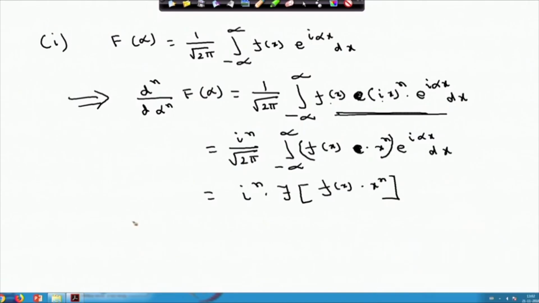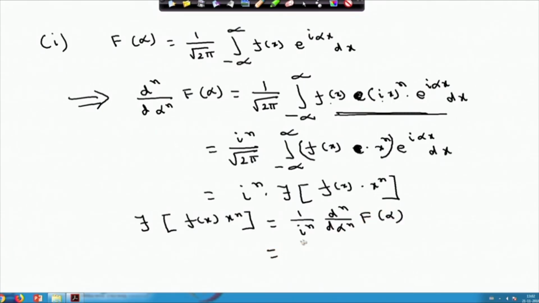Therefore, Fourier transform of f(x) into x to the power n is equal to 1 by i to the power n into d^n by d alpha^n of F(alpha).